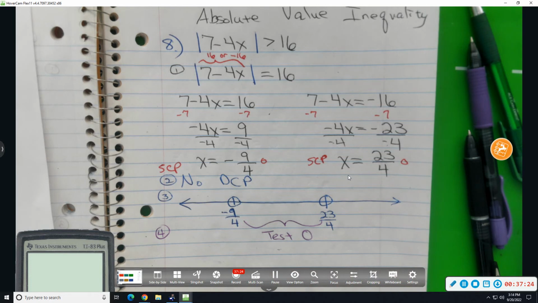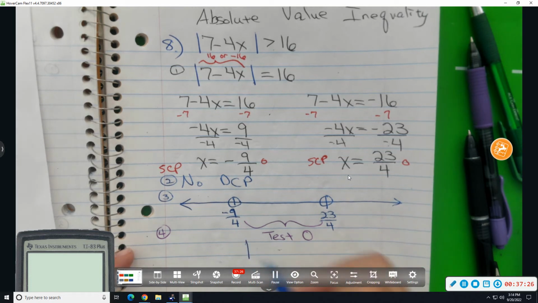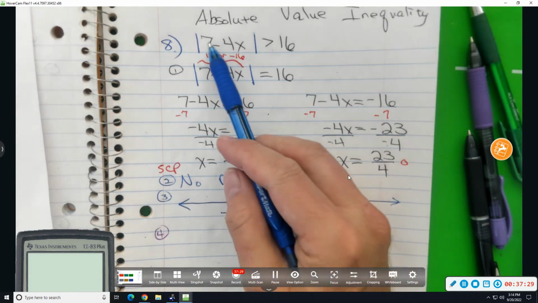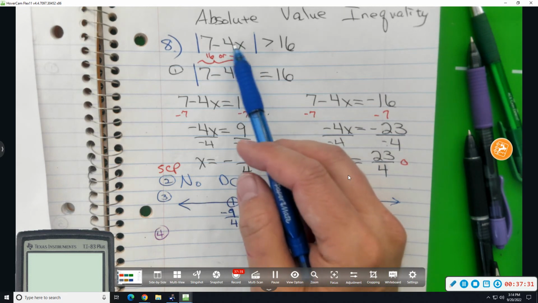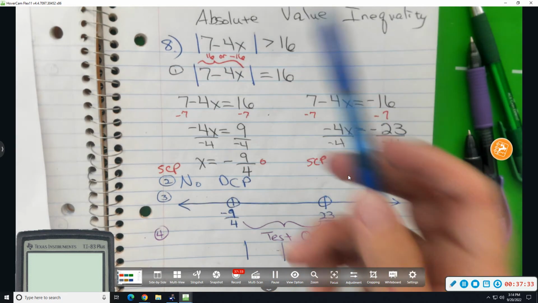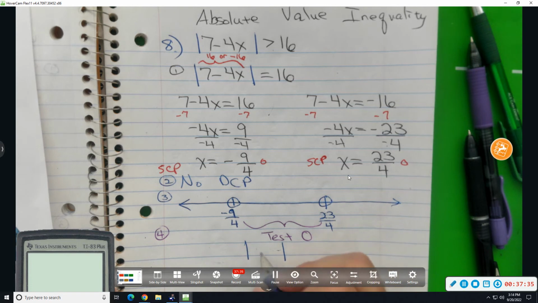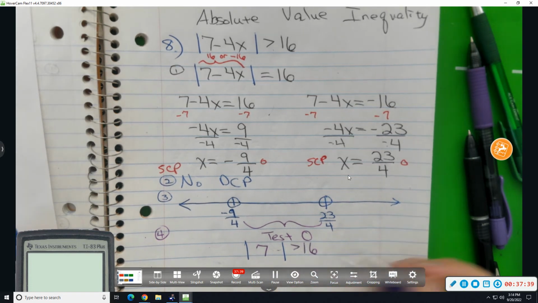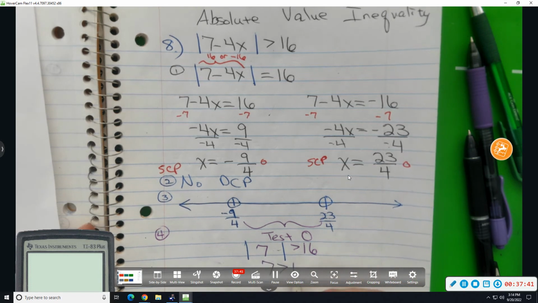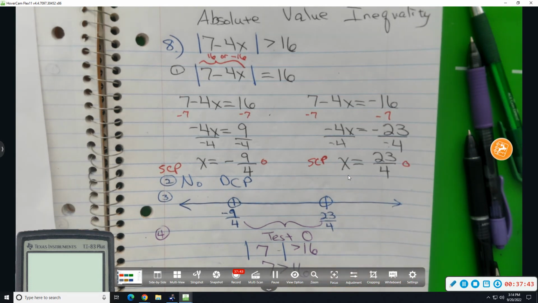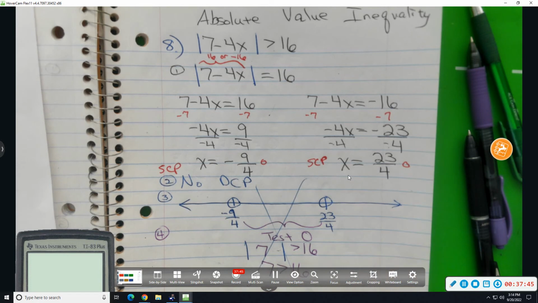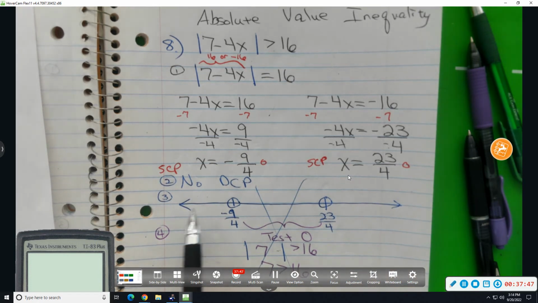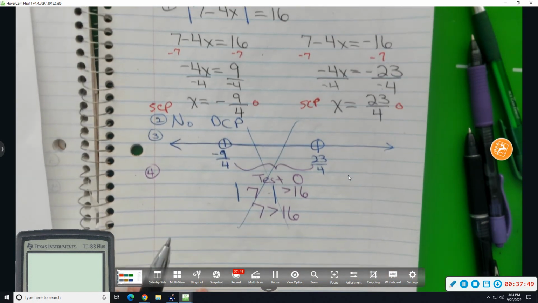That's going to give me the absolute value of 7 minus 4 times 0, which is 0, so just the absolute value of 7. Is the absolute value of 7 greater than 16? False, so cross it out. Here, move it up.